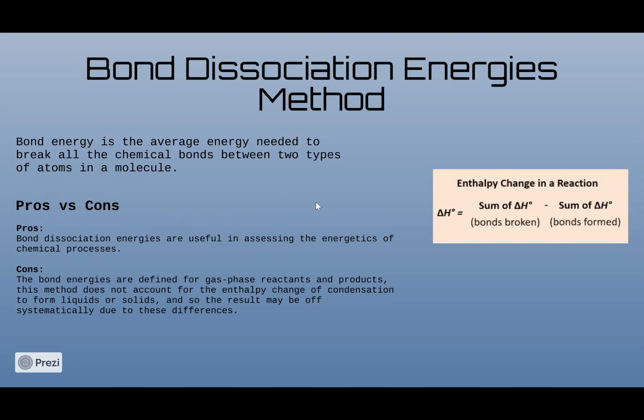Well, there's also the pros and cons for using this method. Let's talk about pros first. Among all the 3 methods that I've been using, which include the bond dissociation energy method, Hess's law, and the calorimetry method, I'll frankly say that the bond dissociation energy method is the best one to use, and more straightforward and quite simple to use in terms of the calculation and steps.